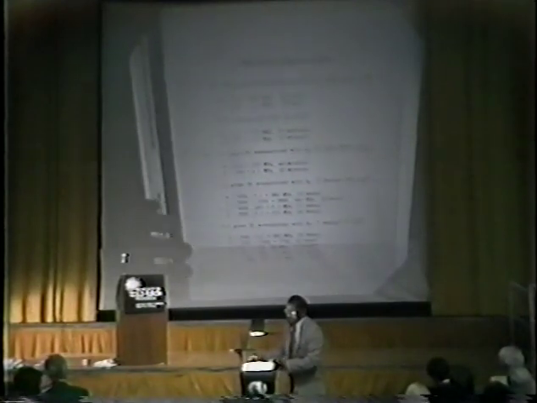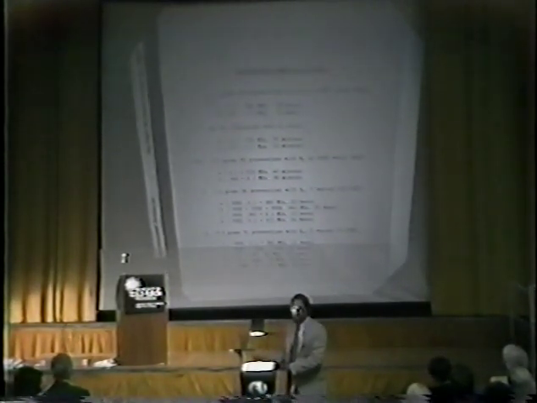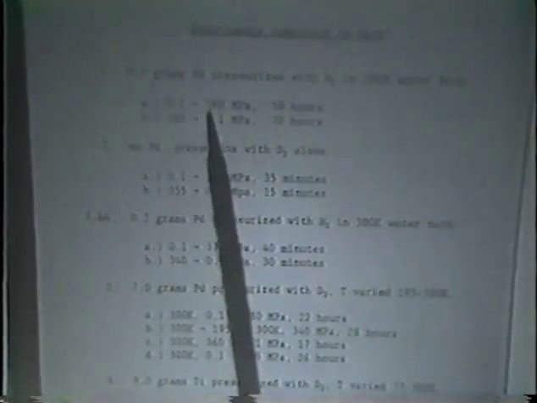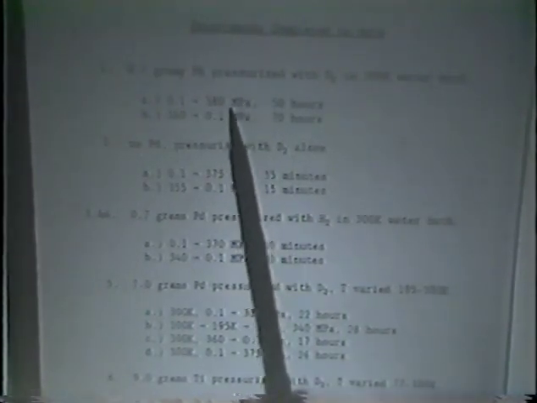This is a description of the experiments completed to date. We started our first experiment 3 weeks ago. We're very much in progress, and this is very much a progress report at this point. Our first experiment was with 0.7 grams of palladium wrapped around the sample thermocouple, next to the reference thermocouple. By the way, megapascals can be simply multiplied by 10 to give you atmospheres approximately.